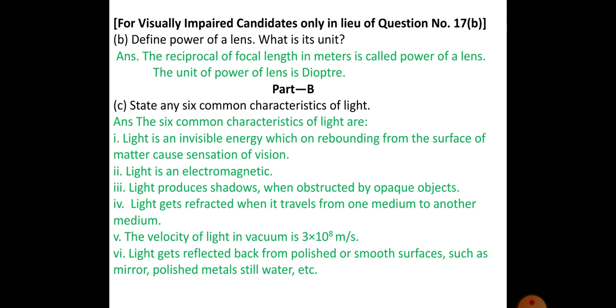Light gets refracted when it travels from one medium to another medium. The velocity of light in vacuum is 3 × 10⁸ meter per second. Light gets reflected back from a polished or smooth surface such as a mirror, polished metals, still water, etc.